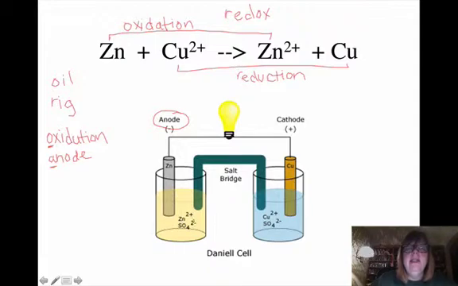So in this cell right here, just think the zinc is turning into zinc +2 ions. So you can think about this anode as getting somewhat dissolved into zinc ions, and that anode is going to lose mass as it's being oxidized.